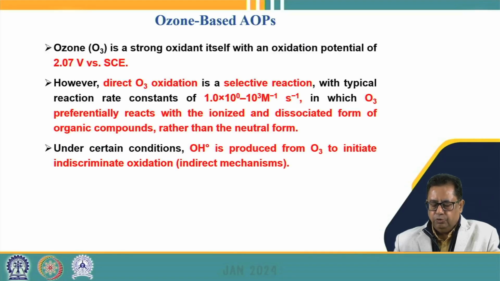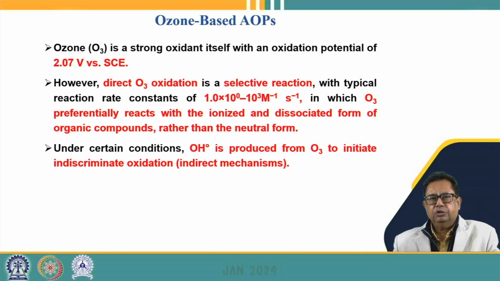So when we talk of ozone based AOPs, the ozone itself is a very strong oxidant. It has an oxidation potential of nearly 2.07 volts versus the standard calomel electrode, and direct oxidation by ozone can also take place.